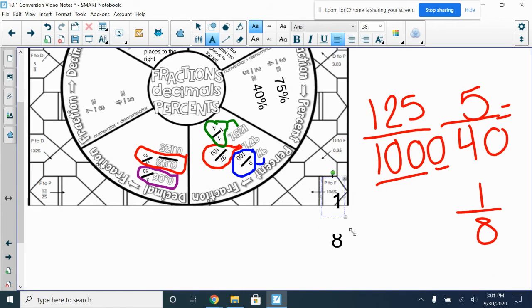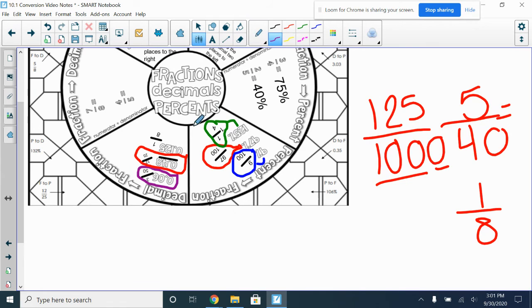And then I'm going to put that in its spot right there on our wheel. Flip it around. Put our lines, show it's a fraction, and draw in that this one goes right here together with that decimal.